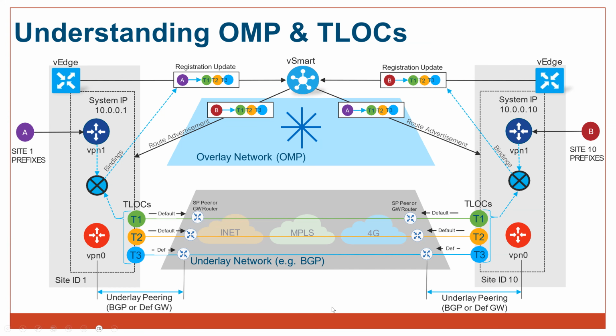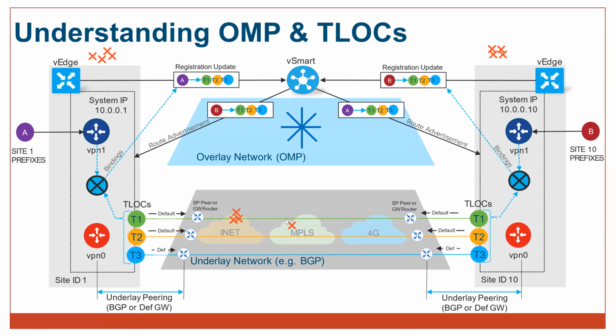Now you have a full-fledged SD-WAN diagram here. Full-fledged means that suppose you have branch 1 and branch 2. So you can see this is branch 1 and this is branch 2. In between them we have the ISP connectivity.